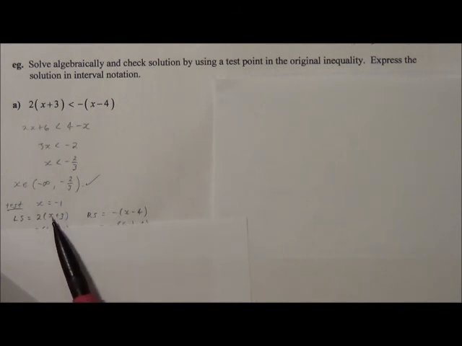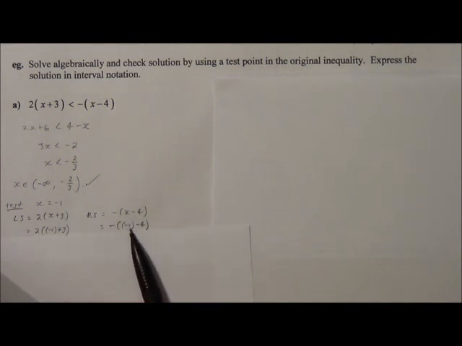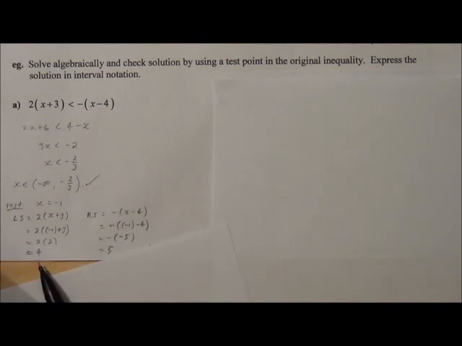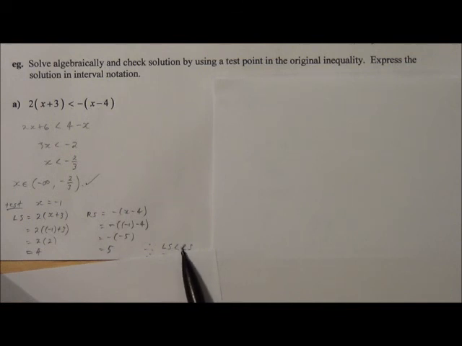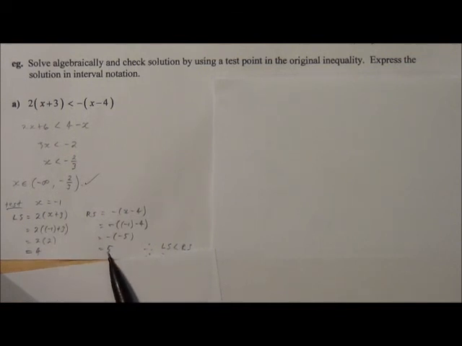So I'll substitute that in for x here and x over here, and then I'll work out the brackets, and we see that the left side equals 4, the right side equals 5. Therefore, the left side is less than the right side because 4 is less than 5.